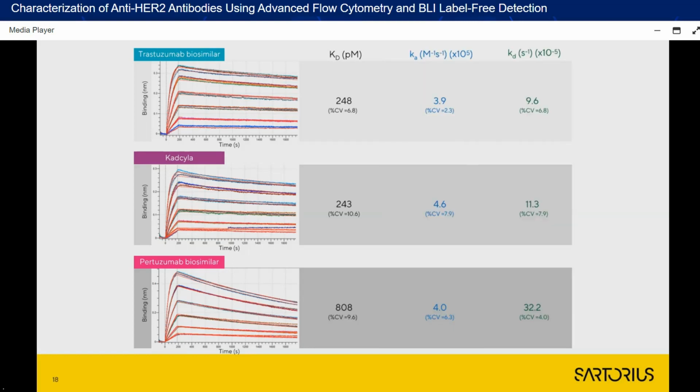And if we looked more closely at the association and dissociation rates from which those KD values were derived, we could see that really the association rates were pretty comparable between the 3 antibodies, but actually it was the 3-fold faster rate of dissociation of pertuzumab that was leading to that loss in its affinity relative to the other antibodies.